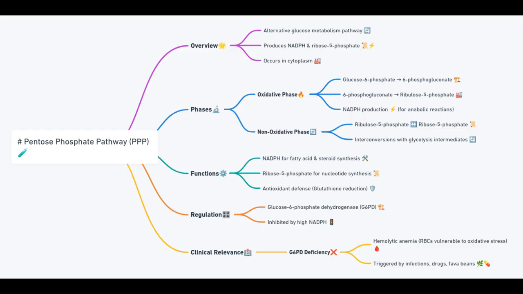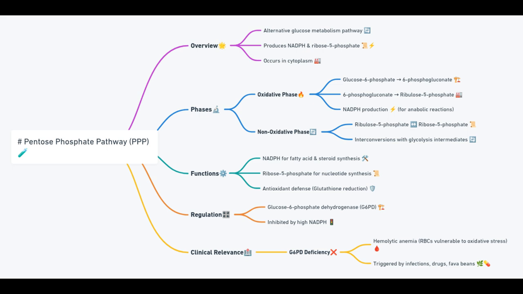So in the oxidative stage of the pentose phosphate pathway, glucose 6-phosphate is converted to 6-phosphogluconolactone by the enzyme glucose 6-phosphate dehydrogenase, which utilizes NADP plus to produce NADPH.